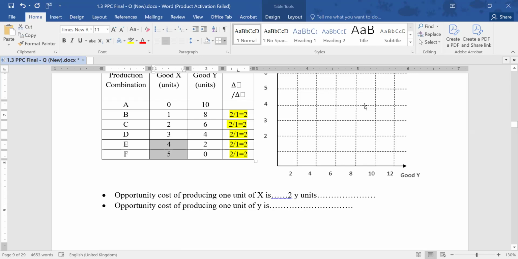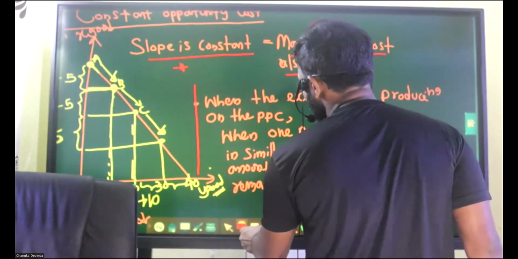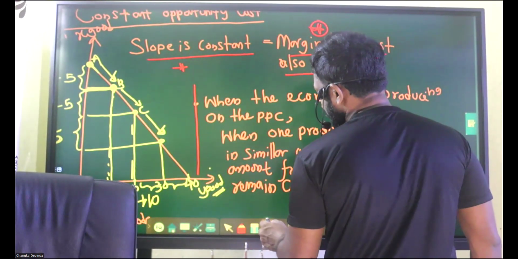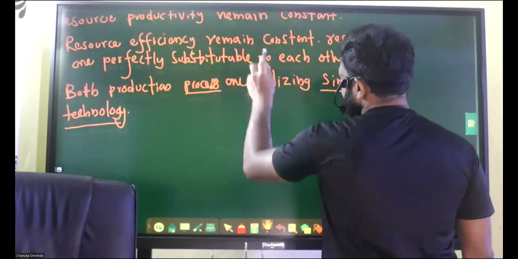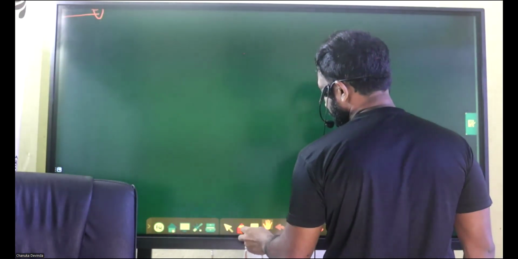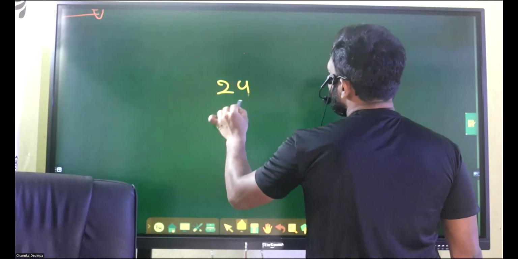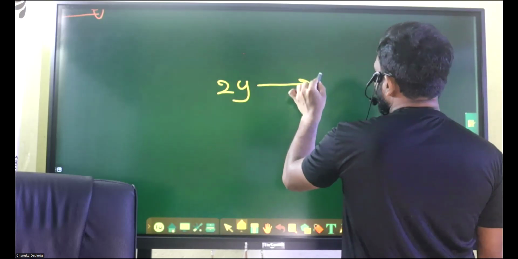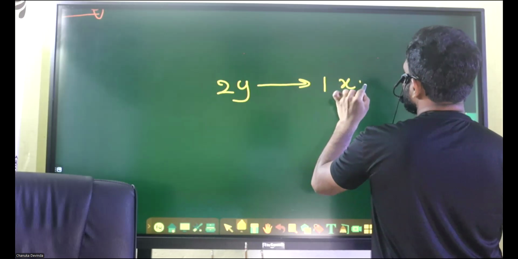So for every 2 Y production, you have to forgo 1 X unit as the opportunity cost.